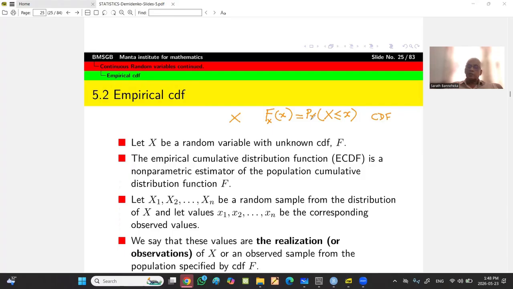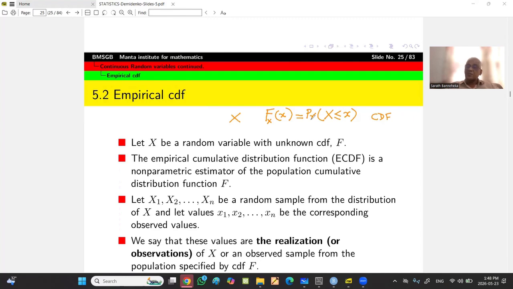In the non-parametric method, we can get an estimate for the cumulative distribution function, and we use that estimated cumulative distribution function, without assuming a particular model, to answer our questions, like estimating probabilities, estimating quantiles, and so on.